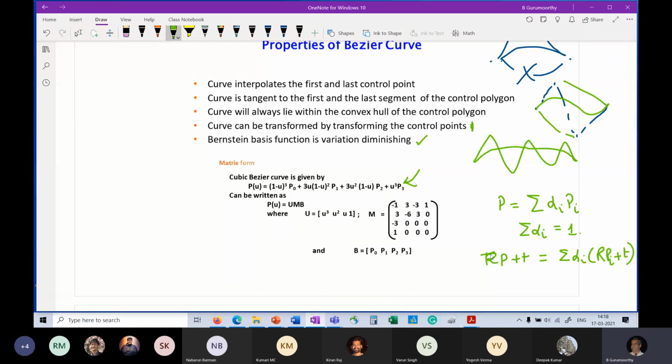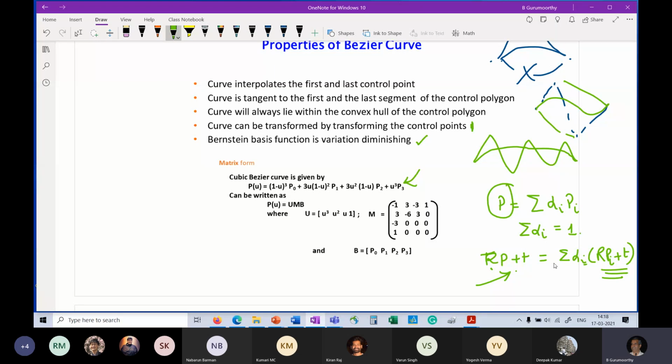Okay. Now, what does this mean? What this means is that I can either take the weighted combination and subject it to a transformation, or I can transform my individual geometric inputs, the points, and then apply the combination, and I will get the same result.